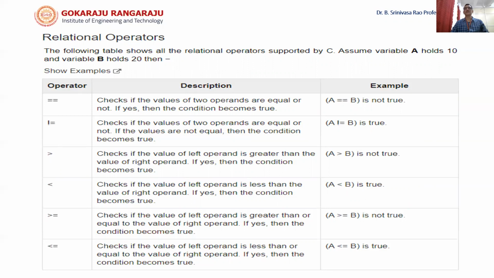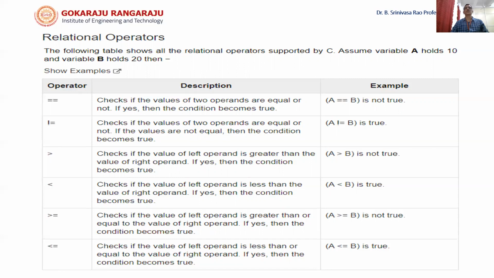In some cases, it is 2 values, true or false, yes or no. In some cases, it may yield 3 values like a positive value, a negative value, and 0, depending upon the context. Now here in this table, we have shown different relational operators.